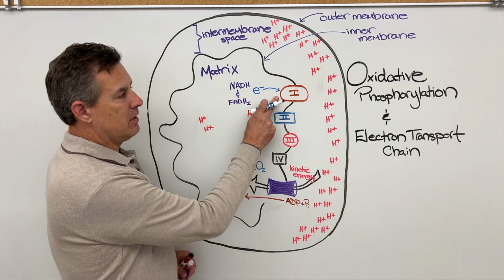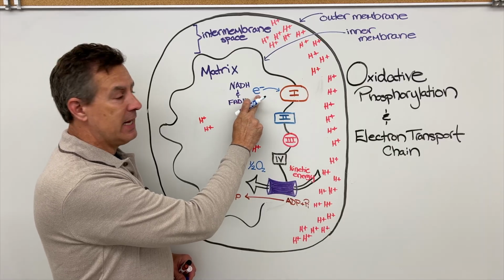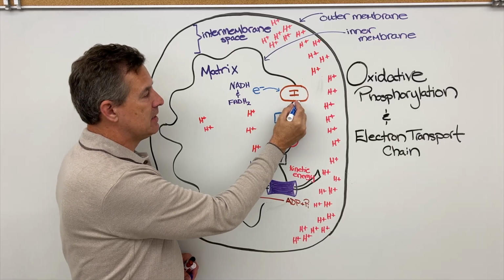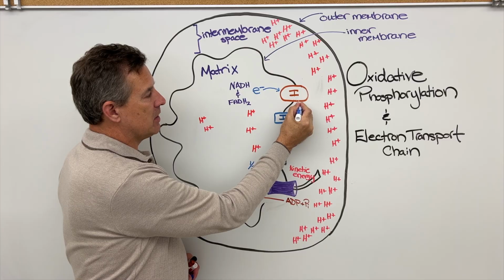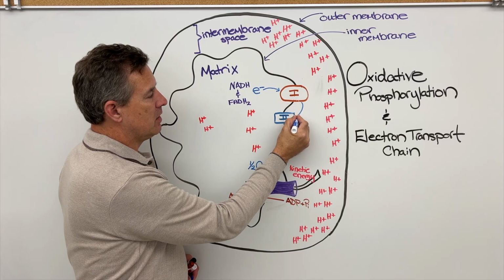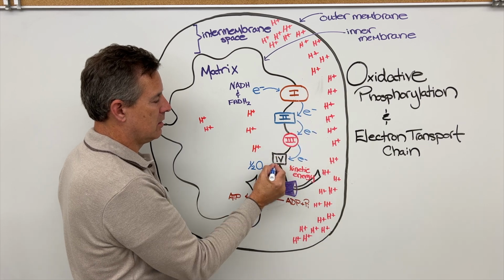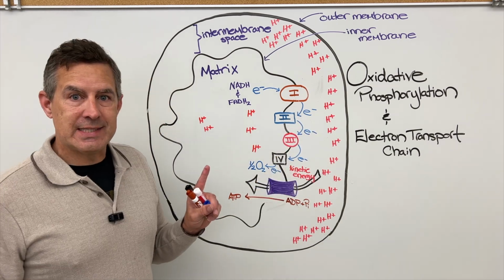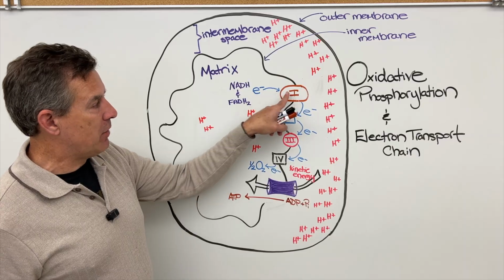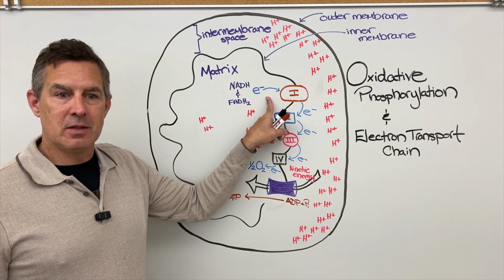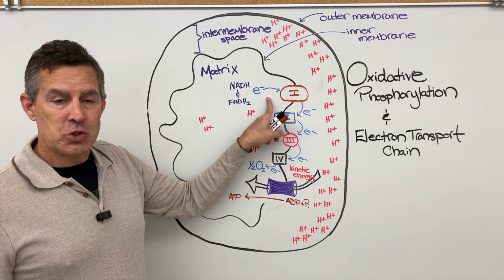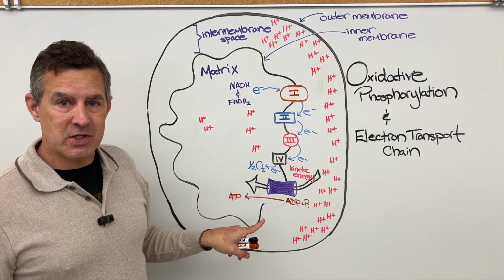So we have this electron being dropped off by NADH to this first complex. And then that electron is going to move to the next complex. And as we can see, that electron bounces or gets passed onto the next protein in this series.